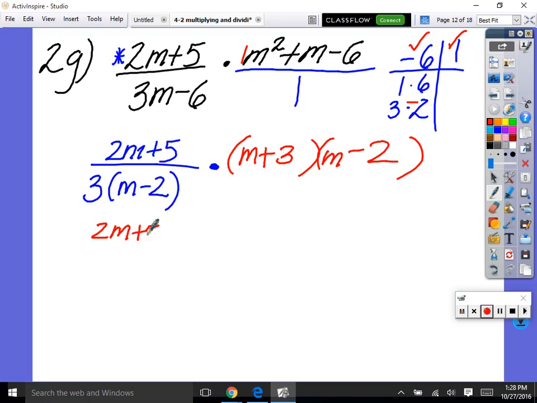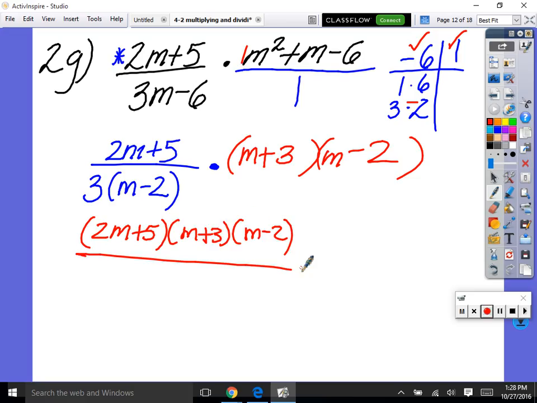Okay, now we'll multiply straight across. So we have 2n plus 5 times n plus 3 times n minus 2 on top, and on bottom 3 and n minus 2. We better restrict our domain. So n cannot equal 2, or else the bottom would be 0. That would make it undefined. Now divide out exact factors. Ding, ding. That's it, right?